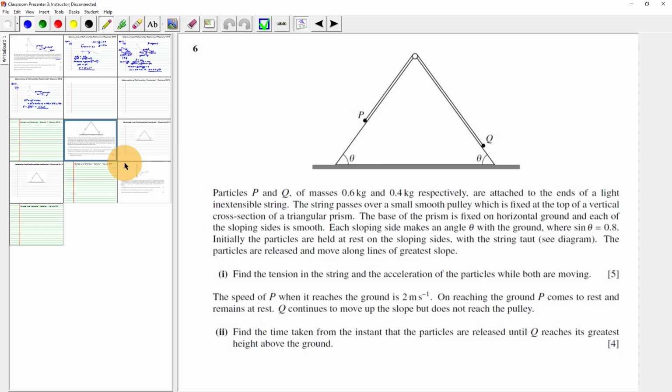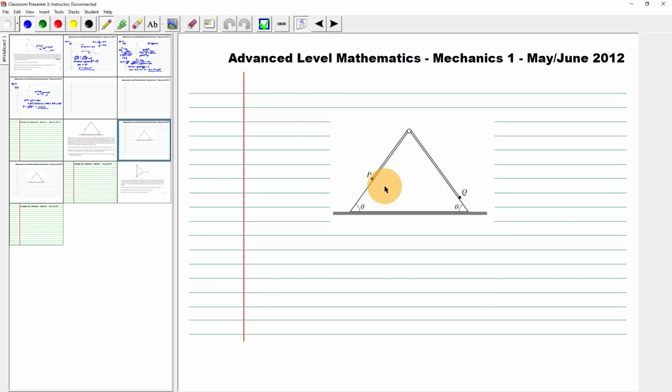So let's see how we get the tension in the string. We are going to start by indicating the weights of both particles, this one vertically downwards. Since its mass is 0.6, we multiply that by g, which is 10, and we get 6 newtons. And this one will be 0.4 times 10, where we get 4 newtons.